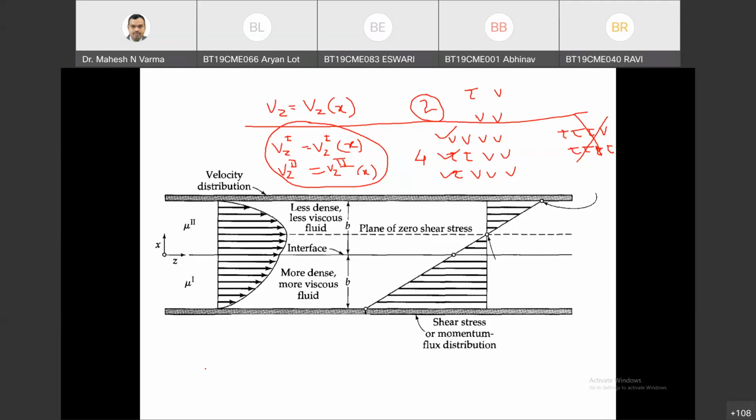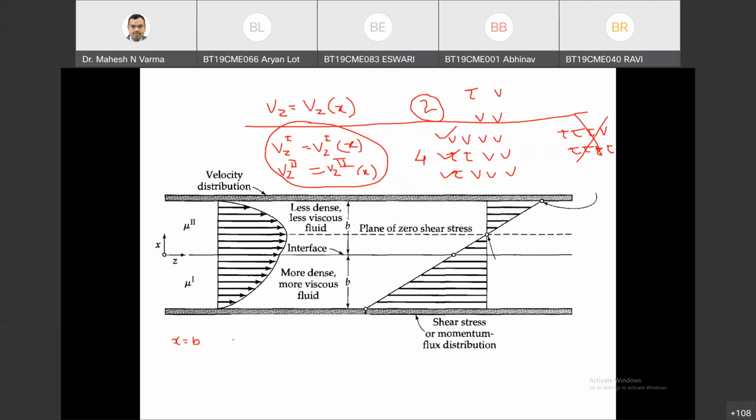Very good. What are these boundary conditions? Can you tell me mathematically? The no slip condition is at x equal to b, which is this surface. That is a velocity condition.